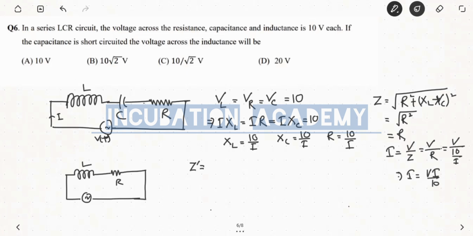So I cancels out, and V comes out as 10. This is the voltage when the capacitance is short circuited.